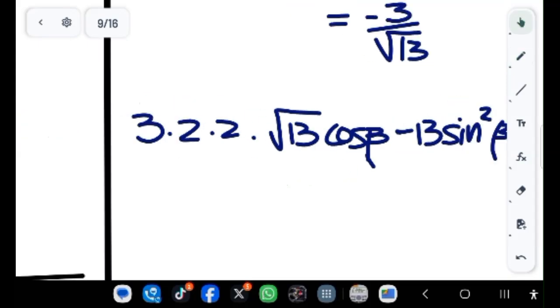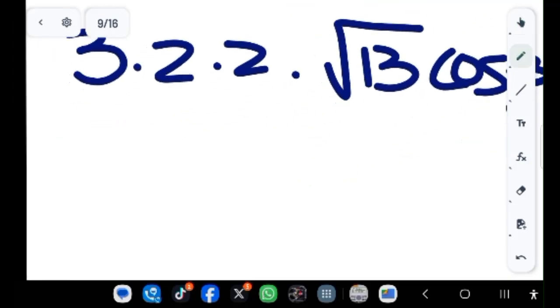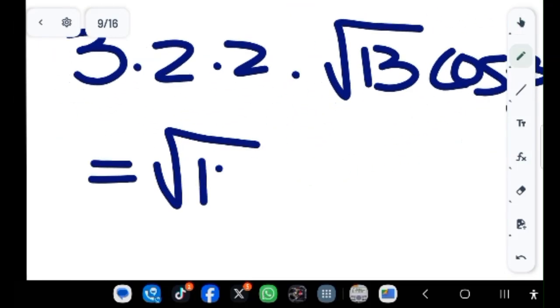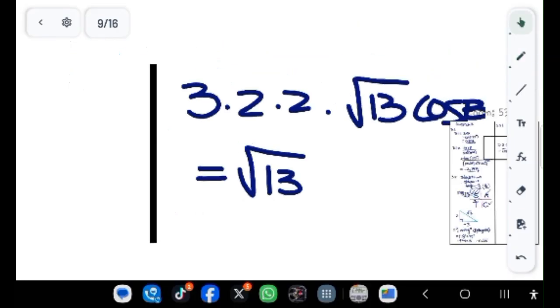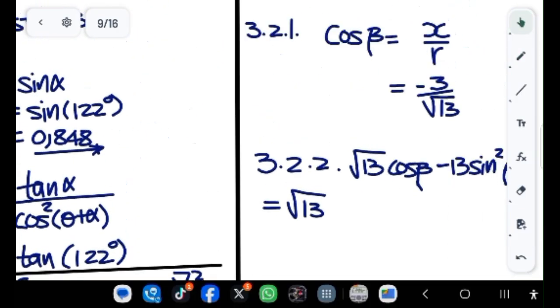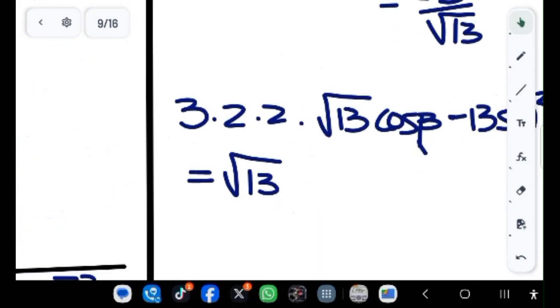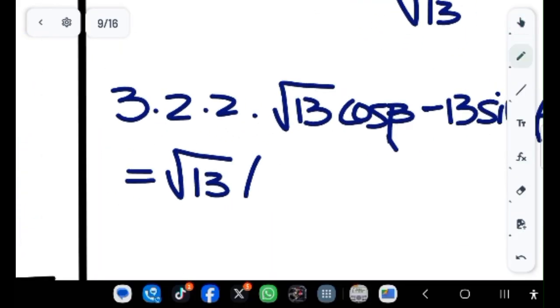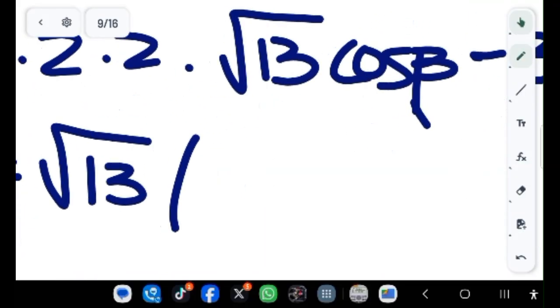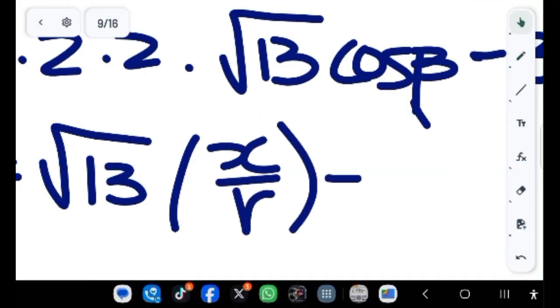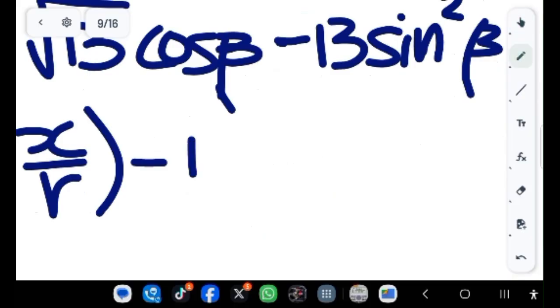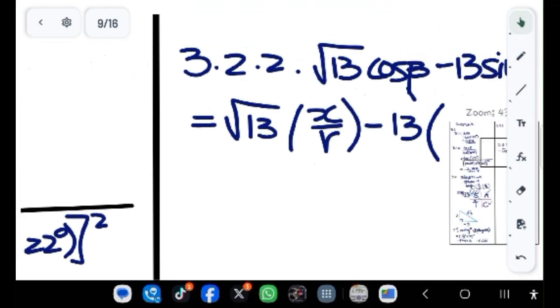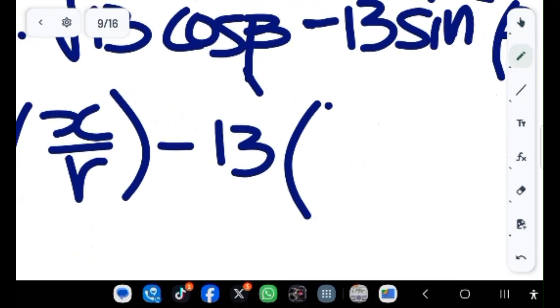All right, that will be equal to square root of 13 times cos of beta, which we've already calculated. Just so you can see what we're doing, that will be x over r, minus 13 times sine, which is y over r, all squared.